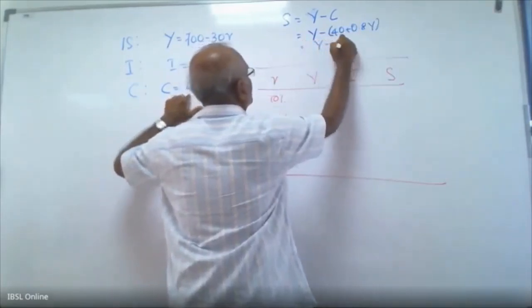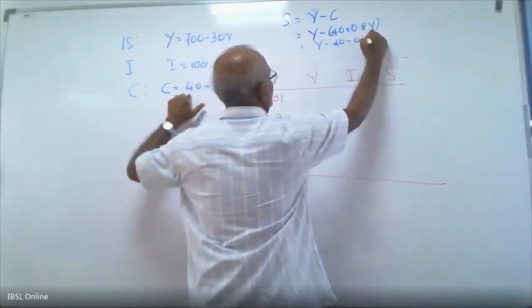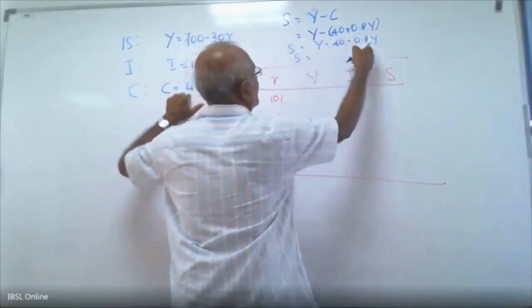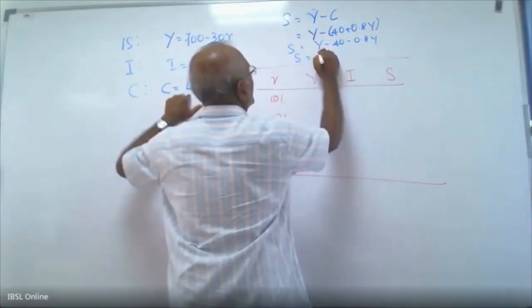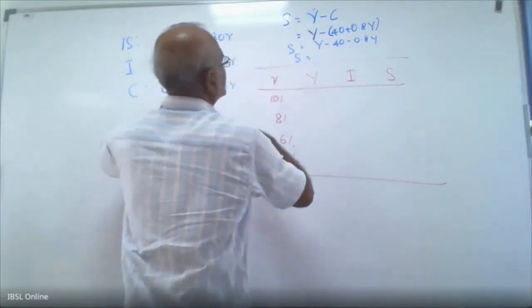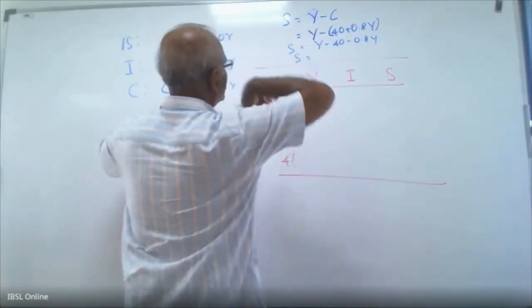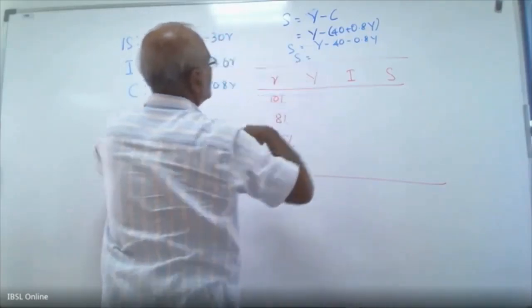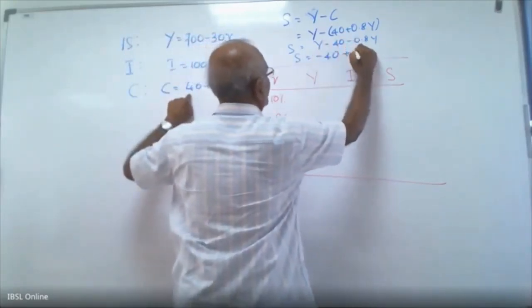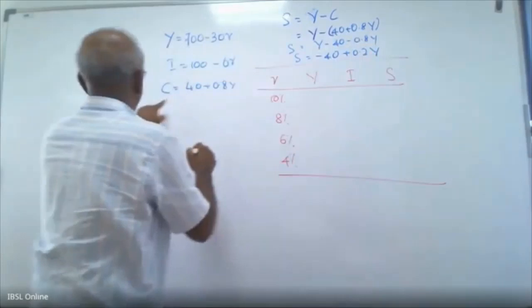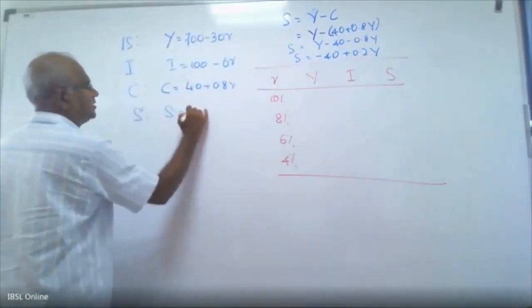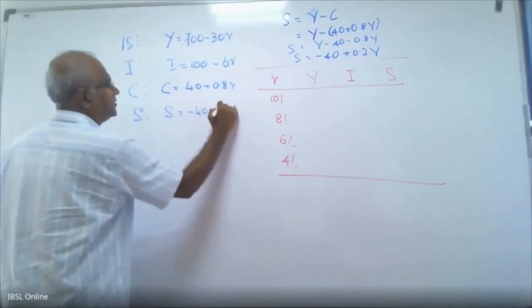Y minus 40 minus 0.8Y. The savings function is therefore Y minus 0.8Y, which is 0.2Y, minus 40. The savings function equals minus 40 plus 0.2Y.